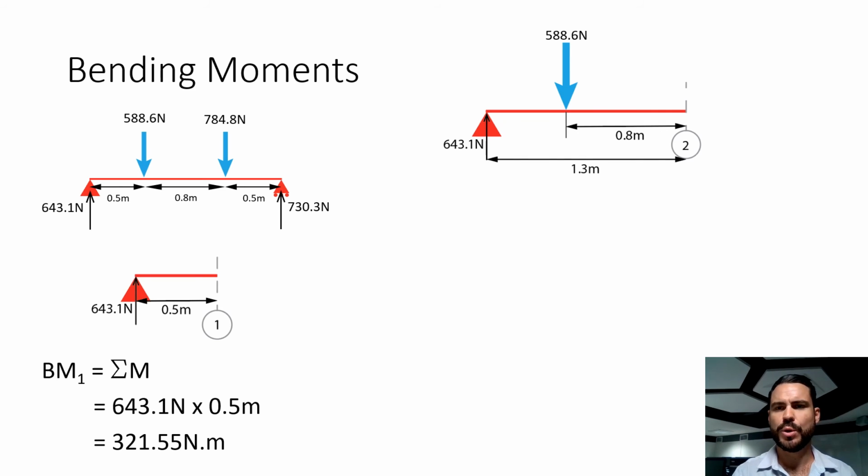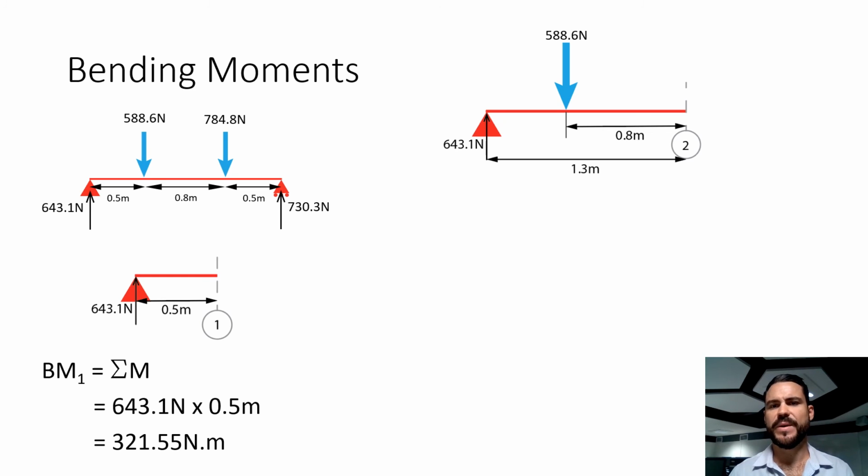Bending moment 2 is going to look like this. Now, a couple of things here. The perpendicular distance that we use to solve our bending moment is actually going to be taken from where the bending's occurring. It doesn't come from that far left side as it typically does when we're solving reactions, for example. Okay, so that's something that you might get tripped up on if you're not careful.